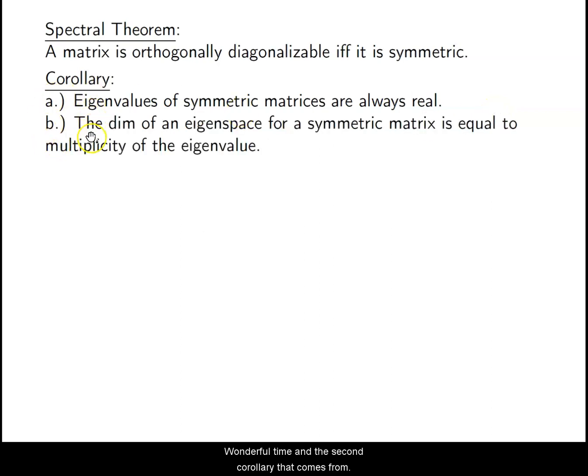And the second corollary that comes from the spectral theorem is that the dimension of an eigenspace for a symmetric matrix is equal to the multiplicity of the eigenvalue, which is nice as well. So if your eigenvalues are distinct, then each of those is only going to have one eigenvector.